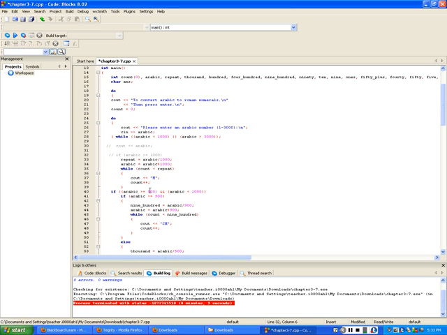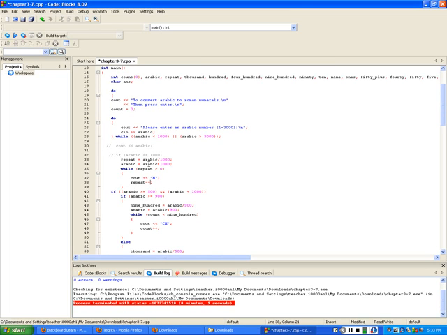Or what you could do is say here, while repeat is greater than 0, repeat minus minus. I don't need a count anymore. So we start with whatever it is, and we go down.